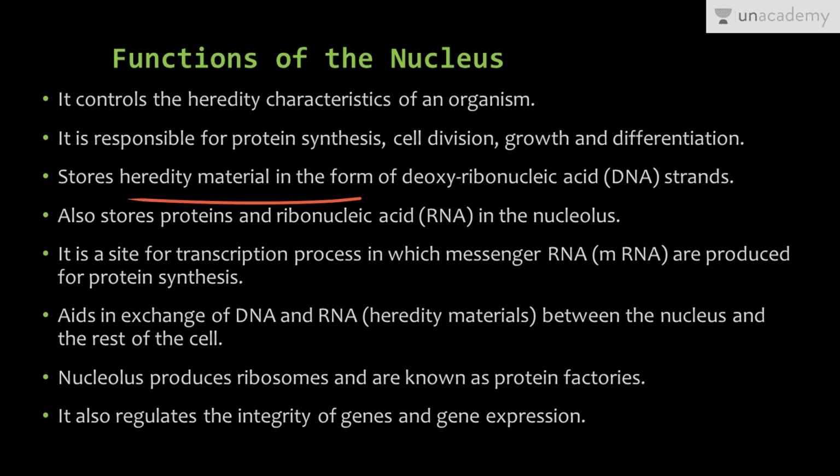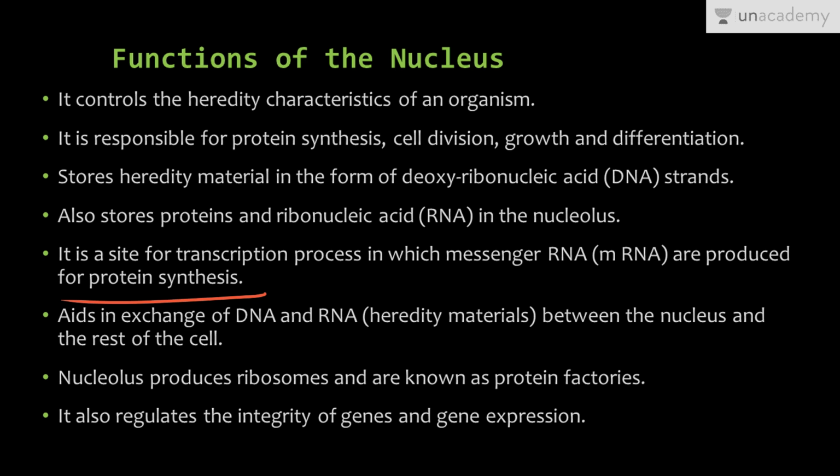It stores hereditary material in the form of deoxyribonucleic acid strands. We already did that. It also stores proteins and ribonucleic acid, which is the RNA, in the nucleolus. It is a site of the transcription process in which messenger RNA, mRNA, is produced for protein synthesis.